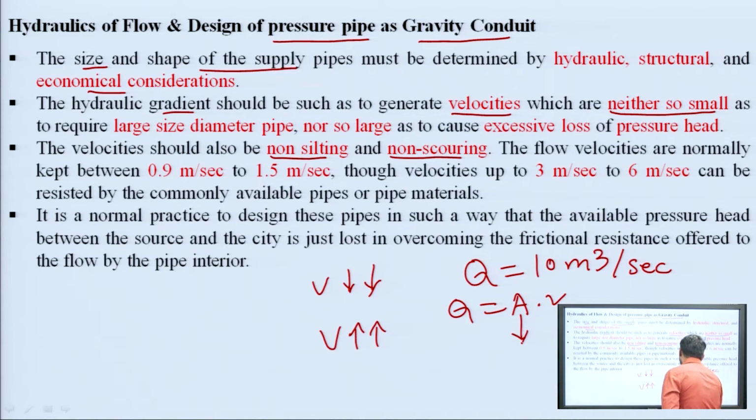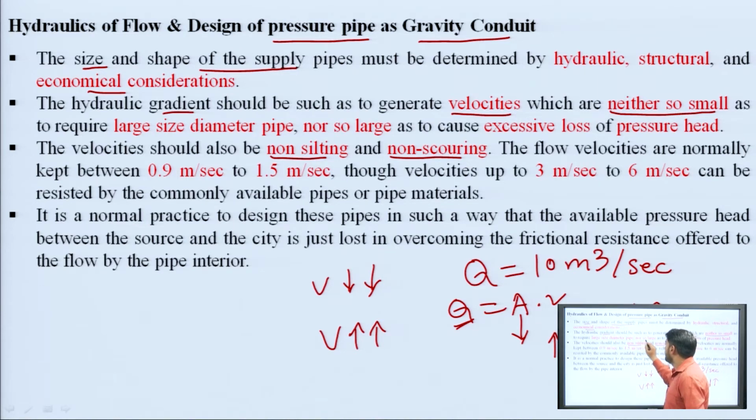Area will be too high in order to fulfill that discharge. So, area increases. If area increases, it means diameter of pipe increases, and if the diameter of the pipe is too large, then it will result in higher project cost. It will increase the cost of the project.